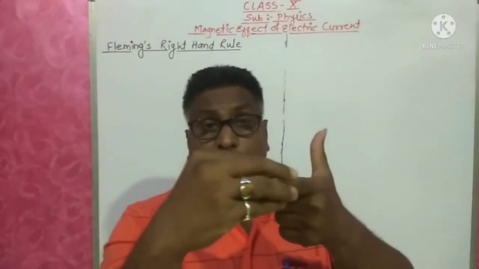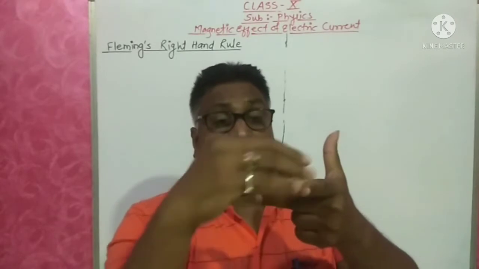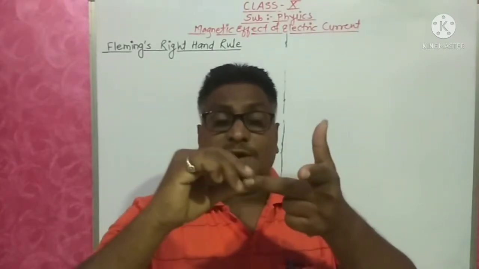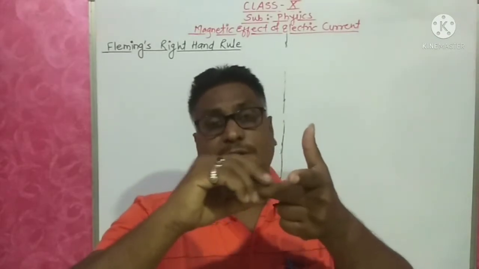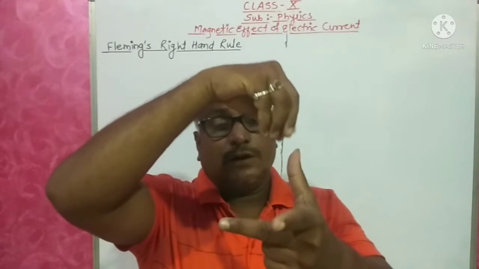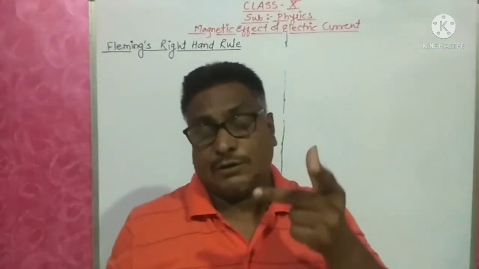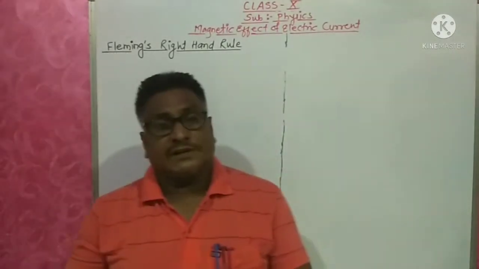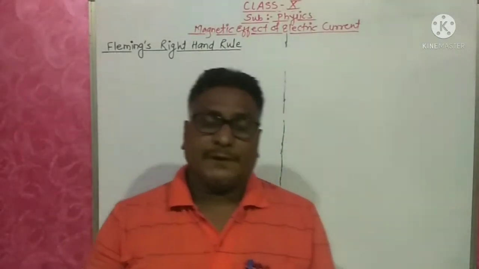Here the forefinger shows the direction of magnetic field, the middle finger shows the direction of current, and the thumb represents the direction of motion of conductor. This we discussed in Fleming's left hand rule.